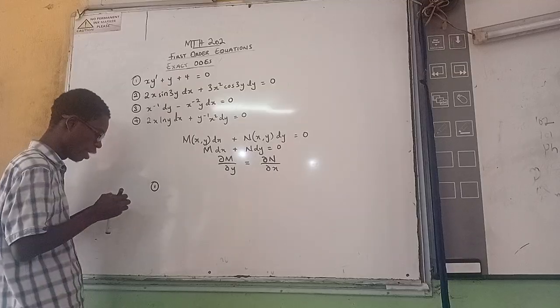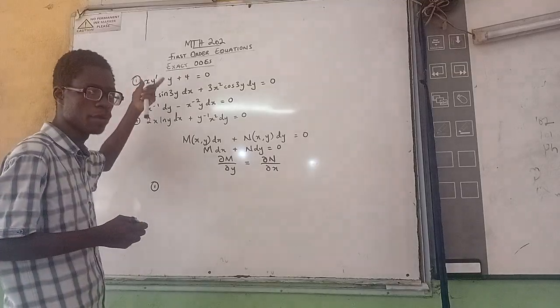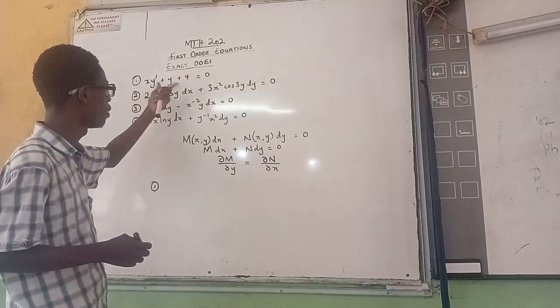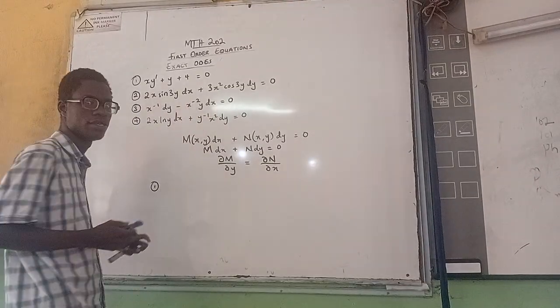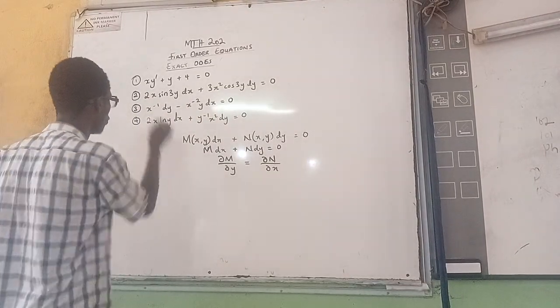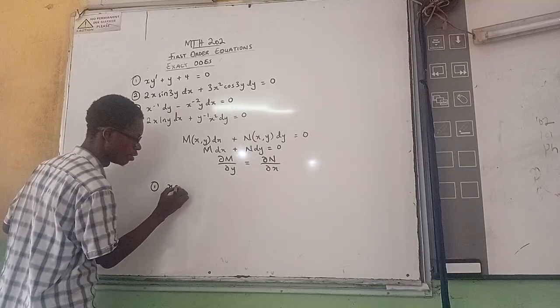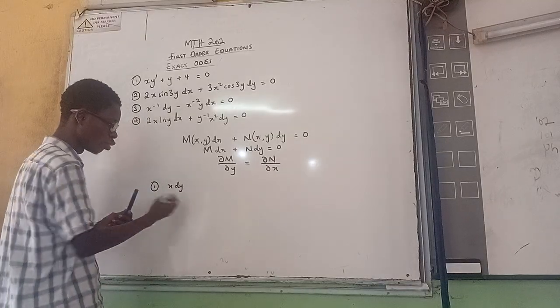We have x y prime. Don't forget y prime is dy dx, plus y plus 4 equals 0. So what are you going to do? The first thing is to multiply through by dx. So we are going to have something like x dy dx, plus y plus 4, equals 0.